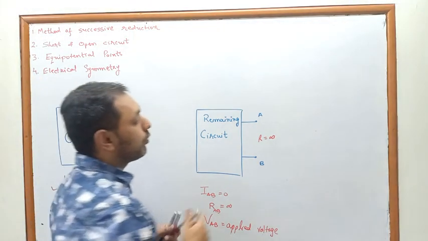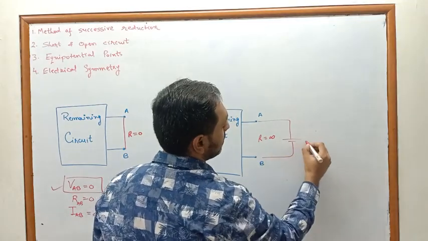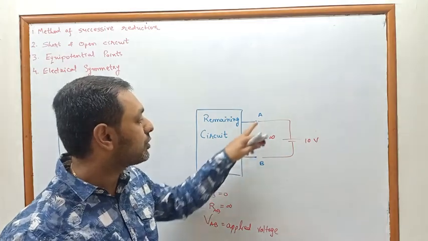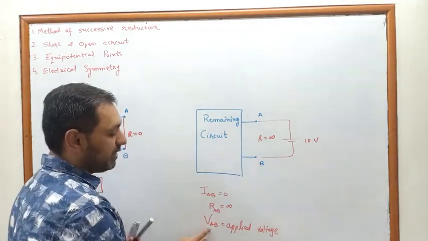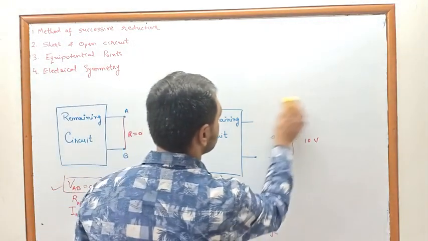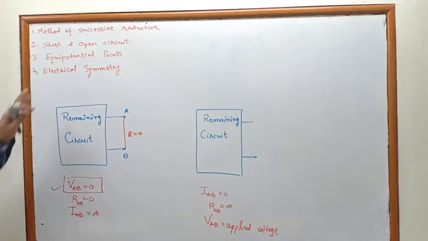But over here, whatever potential you give, suppose you connect a battery of 10 volt over here, in that case you will get all 10 volts between points A and B, means VAB is equal to applied voltage. Fine. This is the concept of open circuit and short circuit.